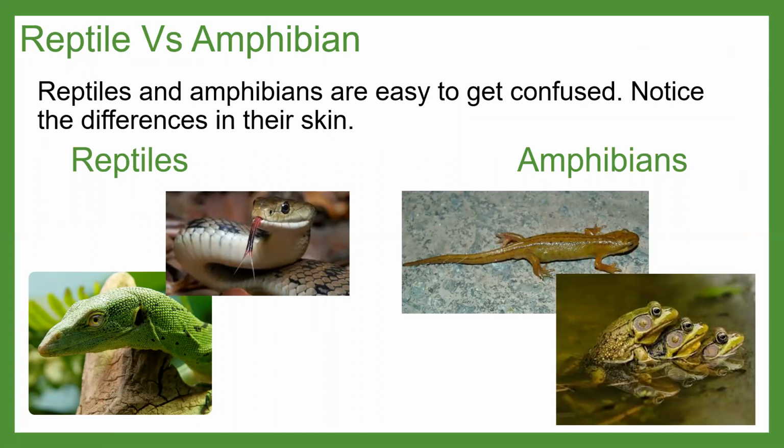Reptiles and amphibians are easy to get confused. Notice the difference in their skin. When we think of our reptiles, we think of them being scaly. Our amphibians look similar to our lizards and our reptiles, but they often have a soft, slimy skin because they go in water.